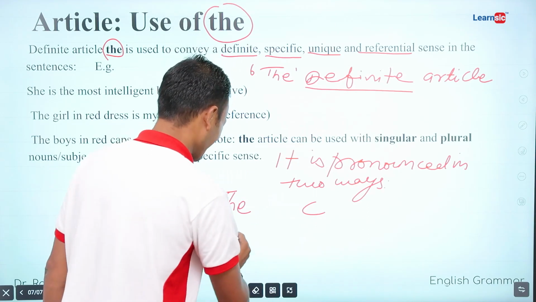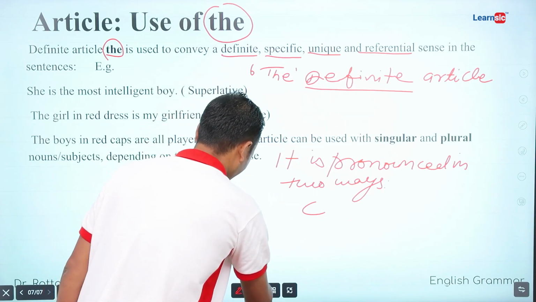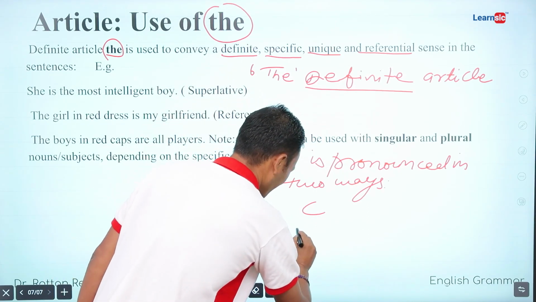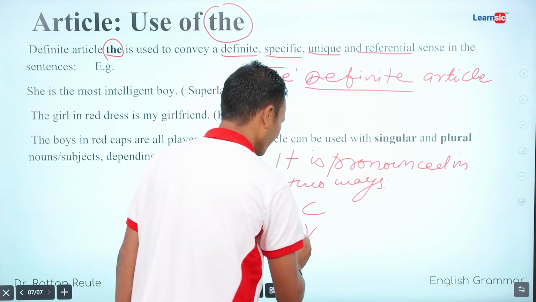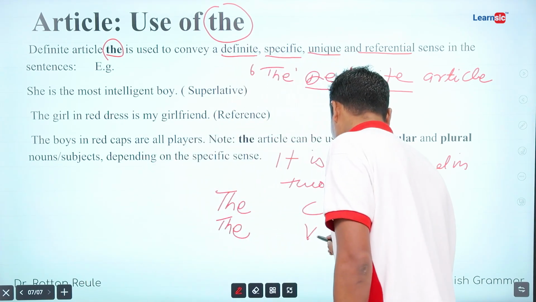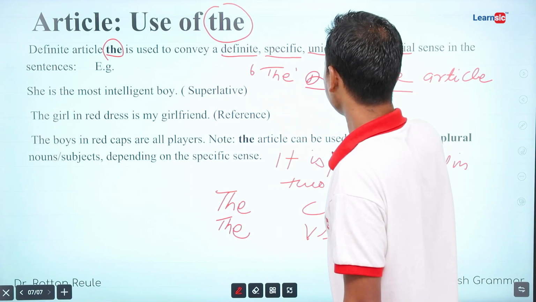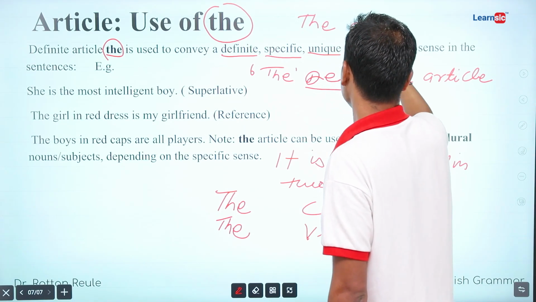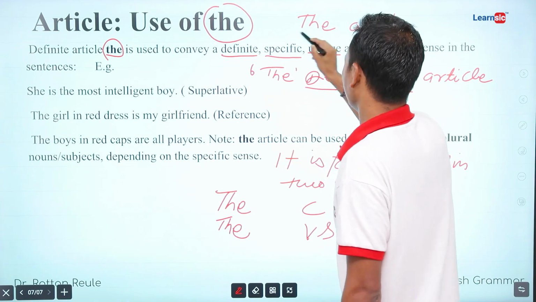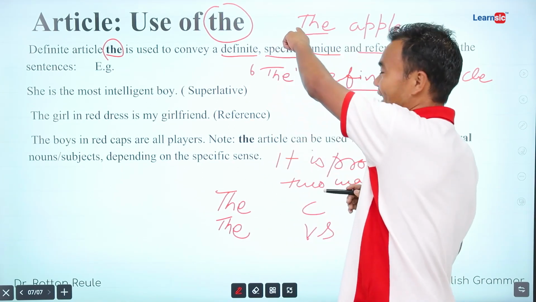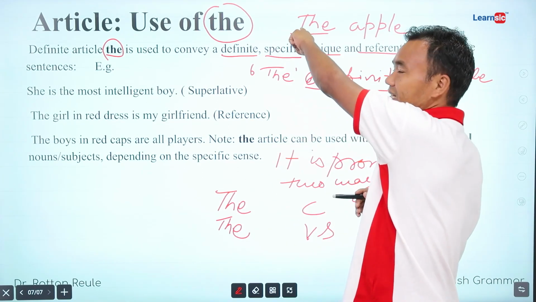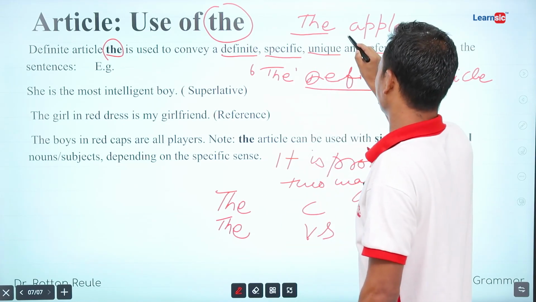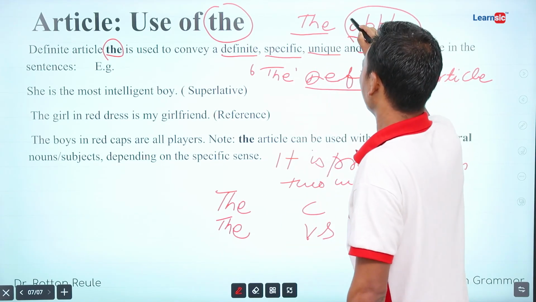So look at that, that's the beauty of the article. "Thee" is pronounced before a vowel sound. So now I can write here, the apple, we pronounce it "thee apple". We pronounce the article the like this because of what sound?